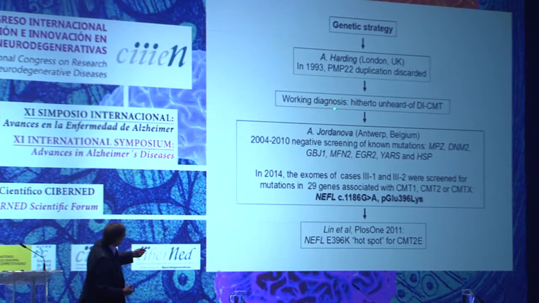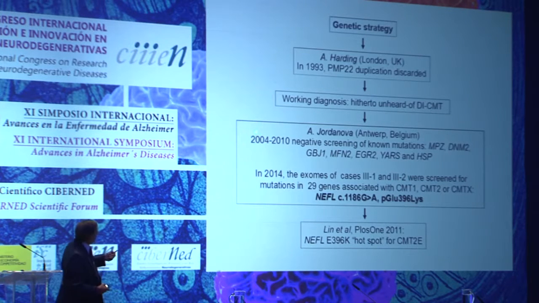Our working diagnosis was a hitherto unheard of intermediate CMT. Albena Jordanova, between 2004 and 2010, carried out a screening of mutations associated with axonal, perhaps anti-myelinating genes, including MPZ, dynamin 2, connexin 32, mitofusin 2, GARS, YARS, and HSP.